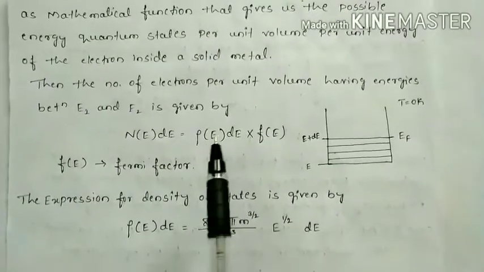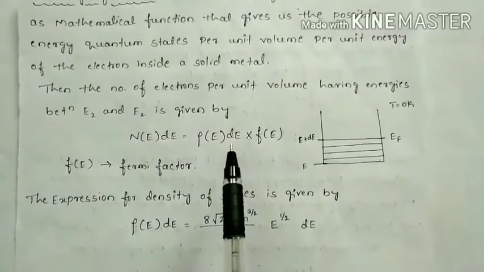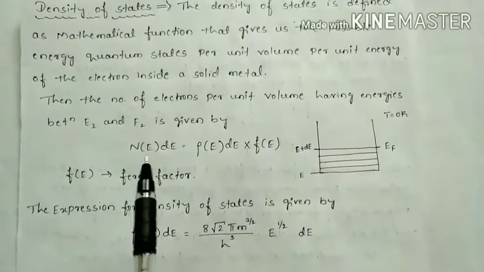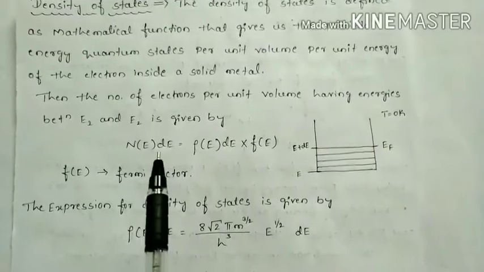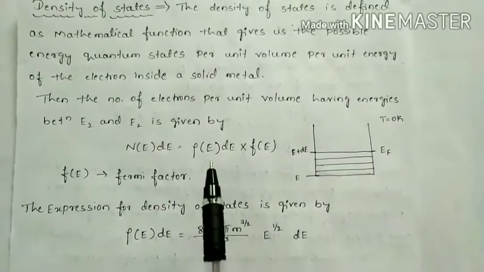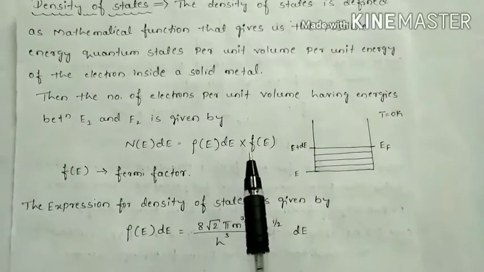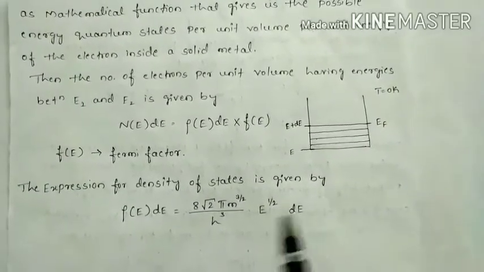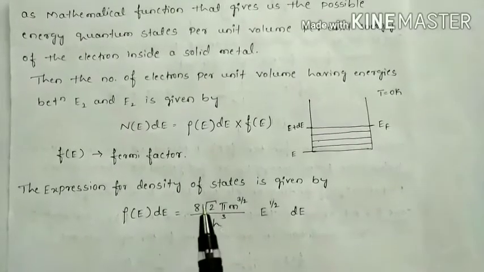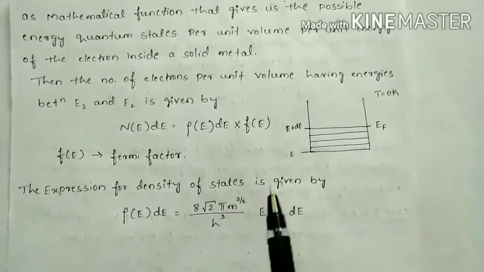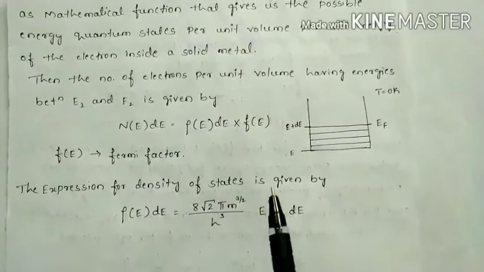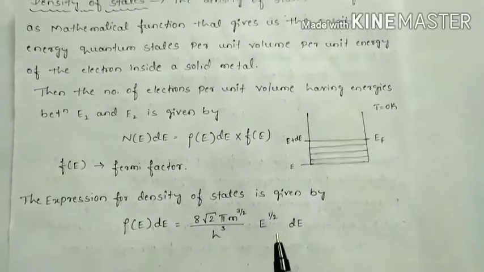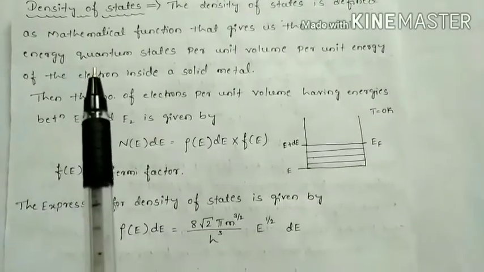Here rho of E dE is called as the density of states. So if you want to find out the total number of electrons per unit volume, then you need to multiply the density of states into Fermi factor. So the expression for density of states can be given by rho of E dE is equals to 8 root 2 pi m raised to 3 by 2 divided by h cube, E raised to 1 by 2 into dE. So this is how we will define the density of states.